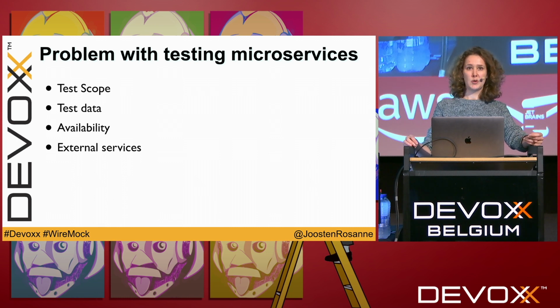This is very annoying when you depend on a lot of microservices. Another problem can be that these services are external services, not only not within your team, but also possibly outside of your company, really external. And this is an example I'm going to use when I show you a demo, where I deal with an external service that's not mine to admin or to monitor. So these are a couple of problems when you want to test microservices.